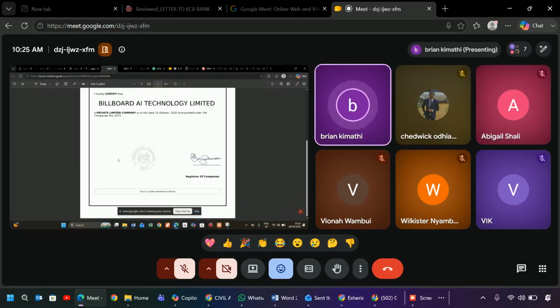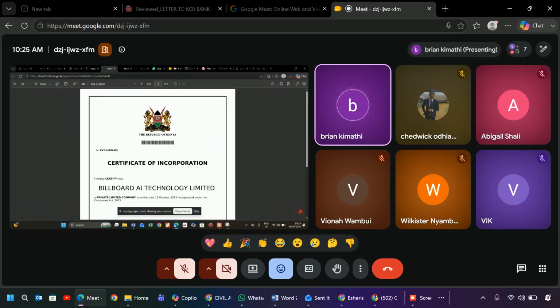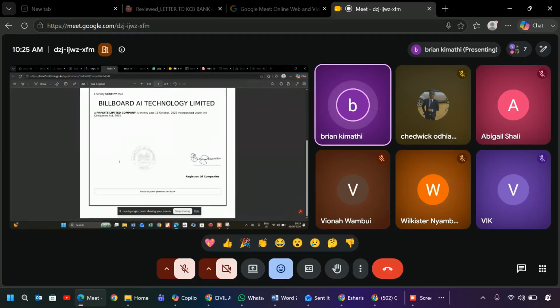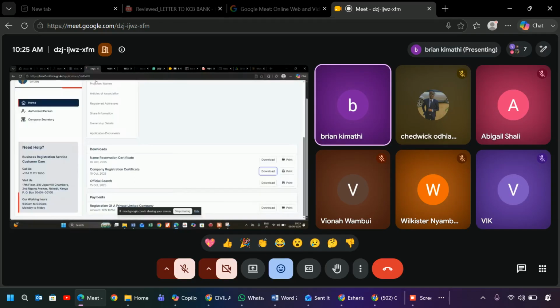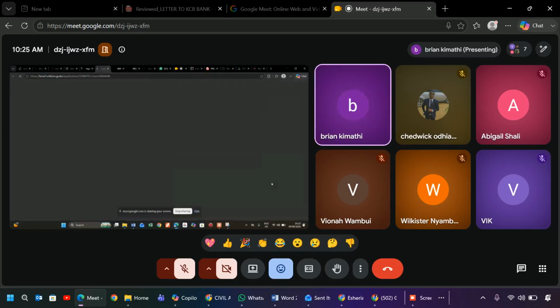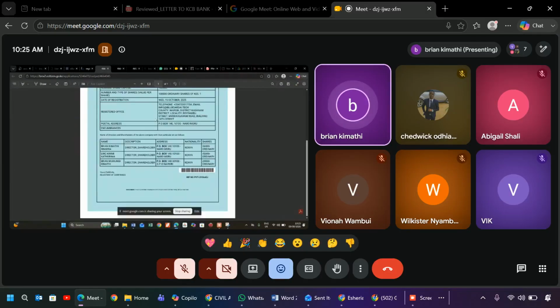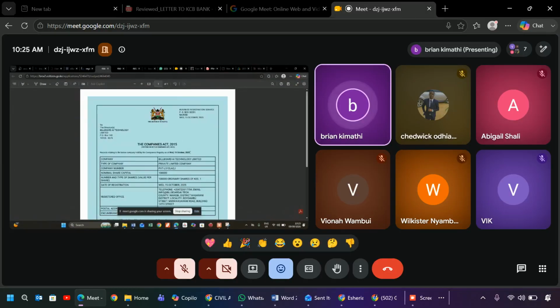Then there's a certificate of incorporation. This is issued by the Register of Companies. It's a system generated certificate. Then we have the statement of official search. You can see for this search, it is Wednesday, 15th October 2025.